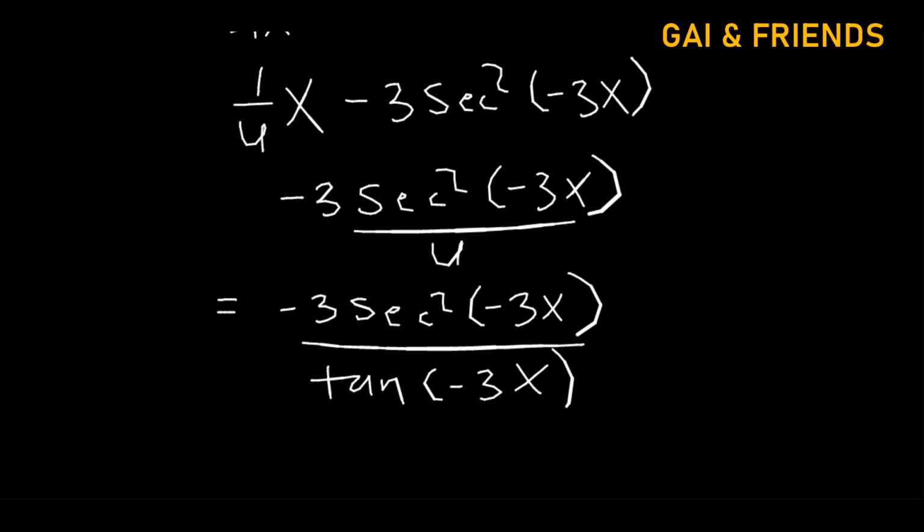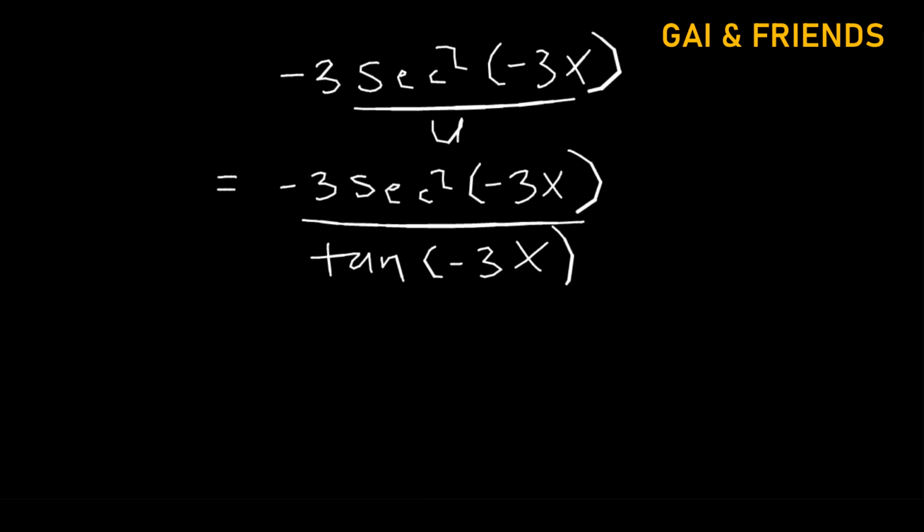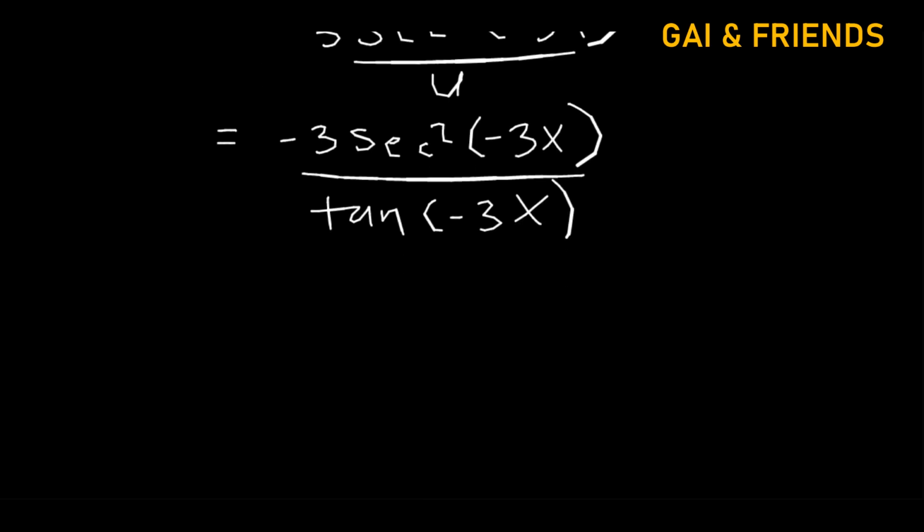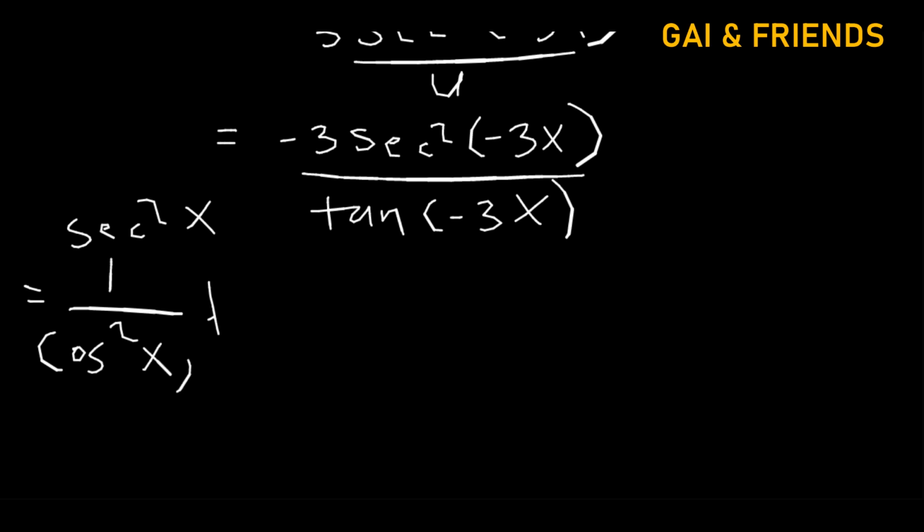Now we are going to use some trigonometry identities from our basic knowledge of derivatives. We know that secant squared x is the same as 1 out of cos squared x, and tangent is sine out of cos.